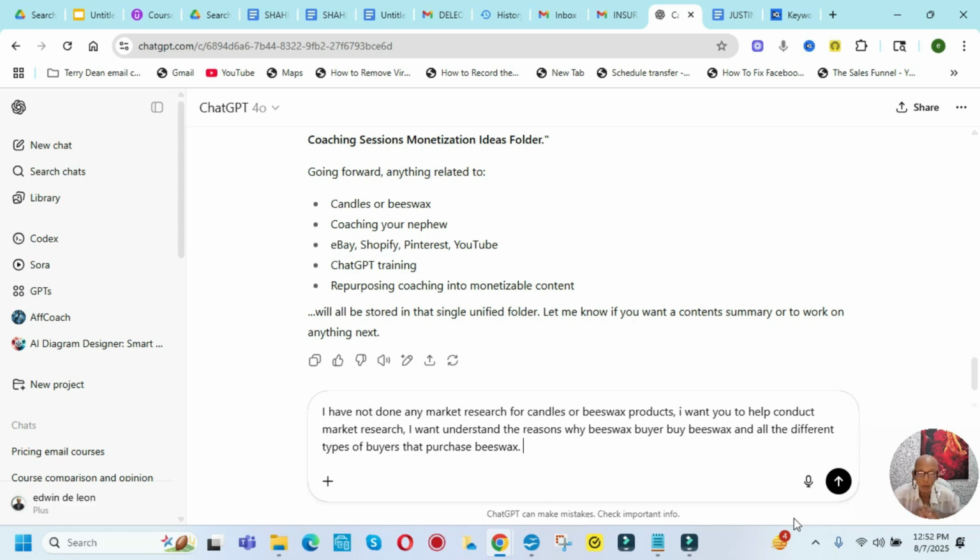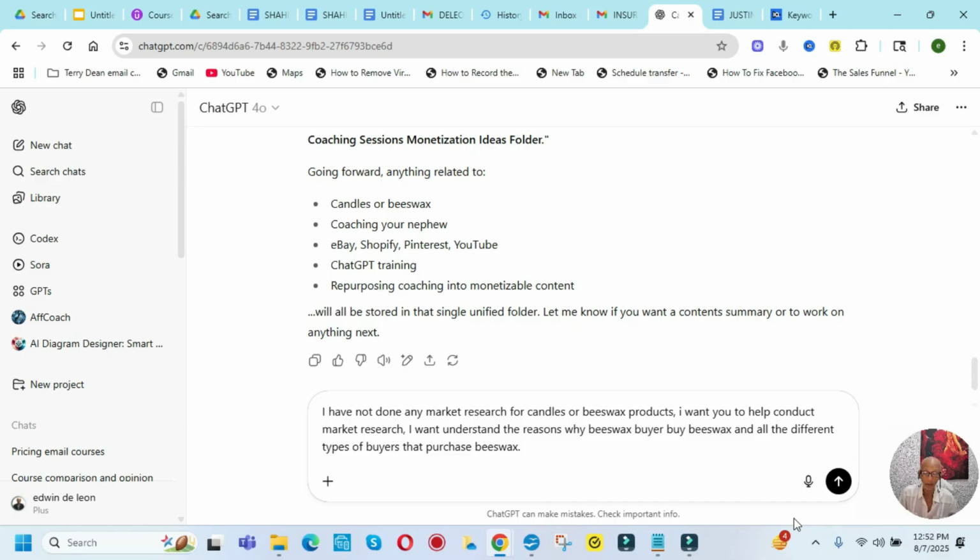So there are two types of buyers you want to target. One is the buyers that have some specific problem; you want to identify them. The next type is buyers that are buying beeswax for all the other reasons besides having a problem.